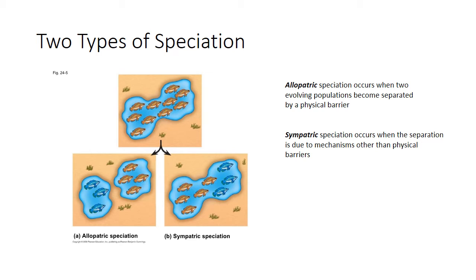So imagine that there is a population of fishes which are all brown colored, right? So that's one species. Then these two populations became physically isolated.